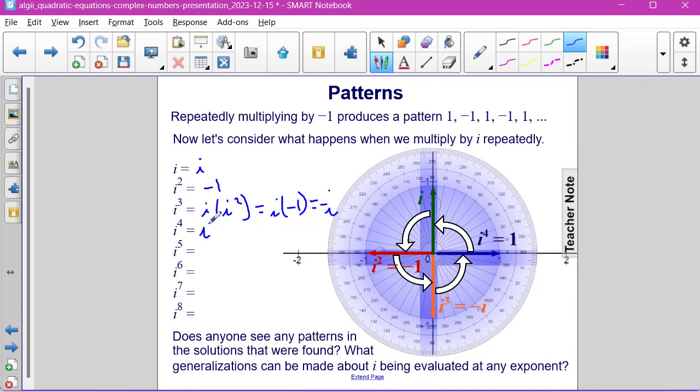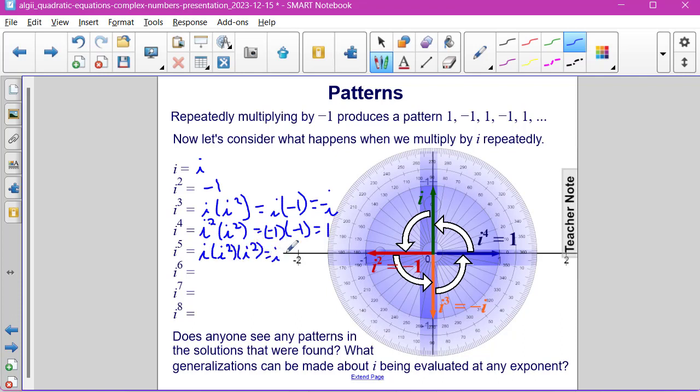That can be broken down to be i squared times i squared, which is -1 times -1, which is +1. Then if we have i to the fifth, we have i times i squared times i squared.